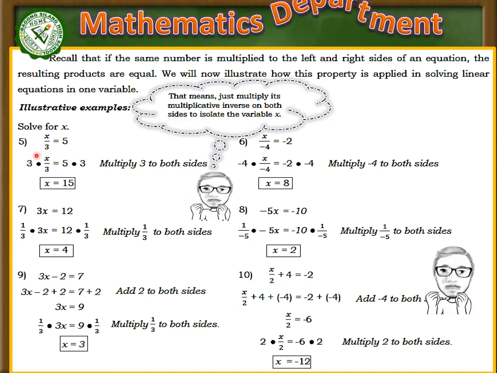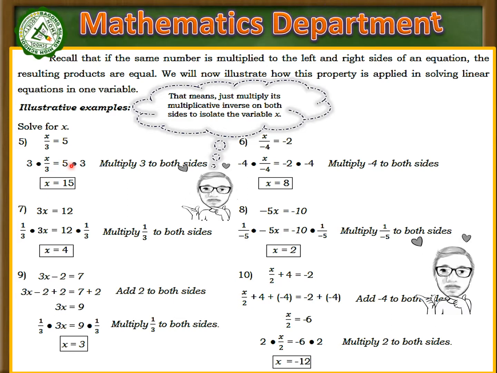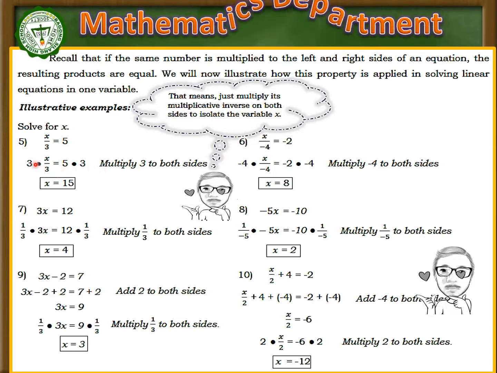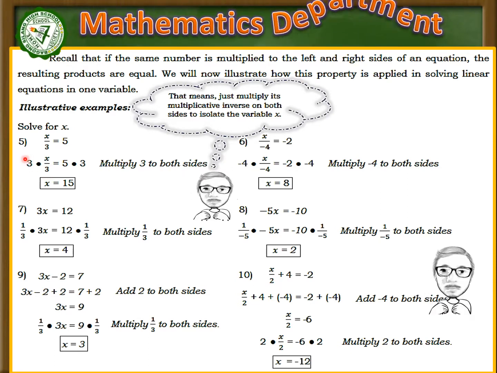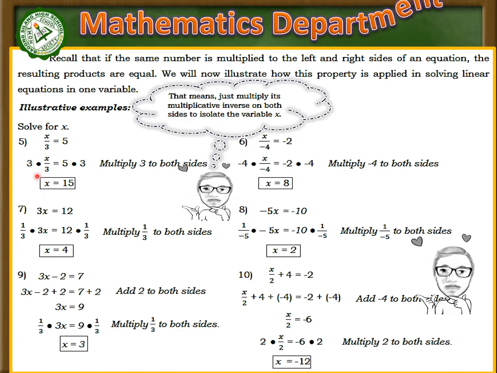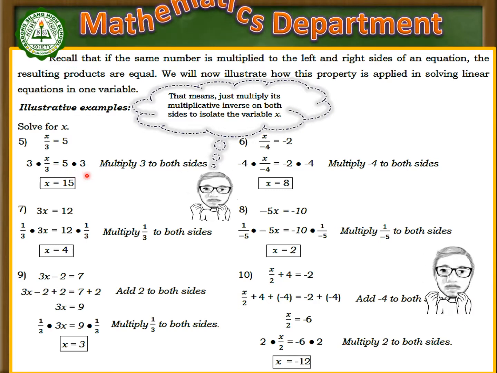And that's positive 3. So 3 times x over 3 equals 5 times 3. The 3 and the 3 will be cancelled out, so what remains on the left side will be the variable x. And just simplify 5 and 3 by multiplication. 5 times 3 equals 15.